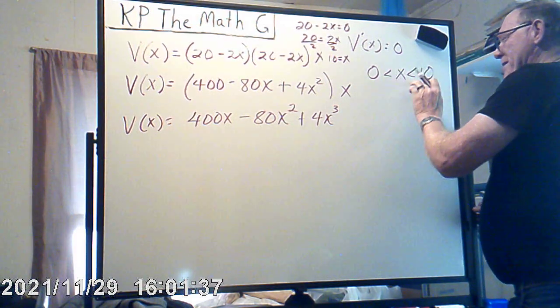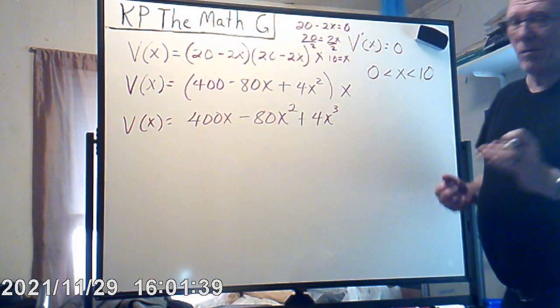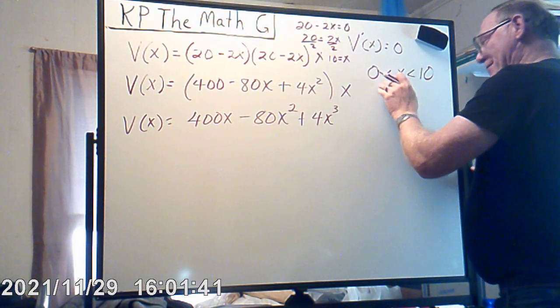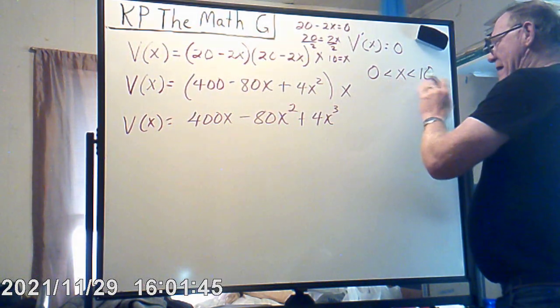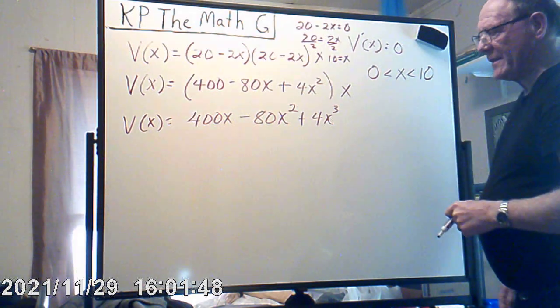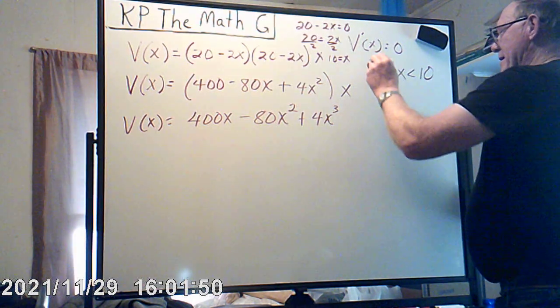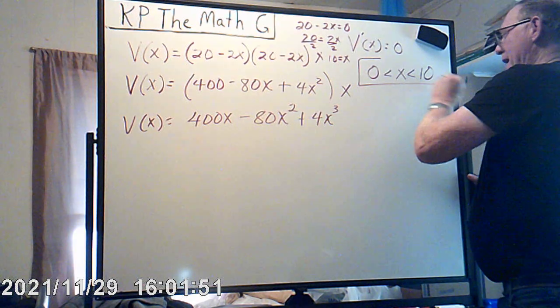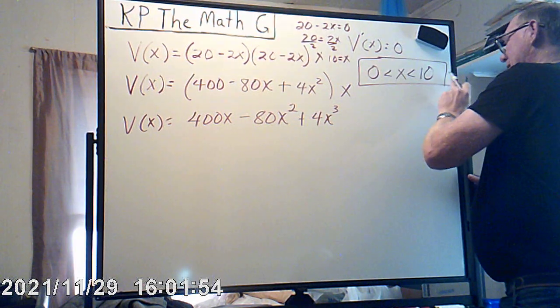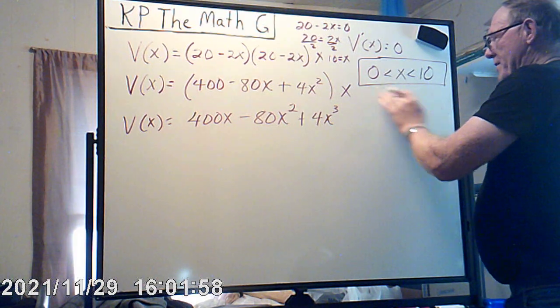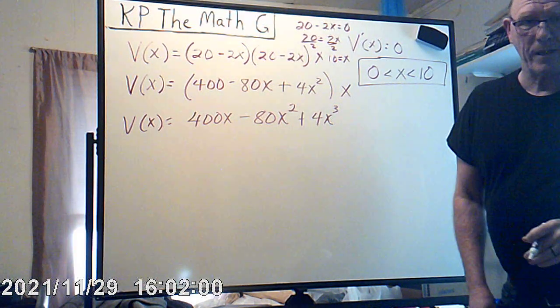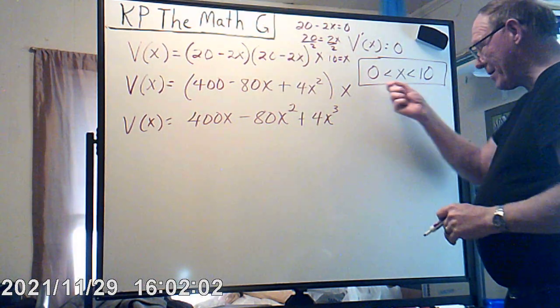I cannot make them equal because I don't want them to be equal, but we do know that x has to be between 0 and 10. That is something I had to learn really well, to learn where the stipulations are. There's a limit here where x can be.